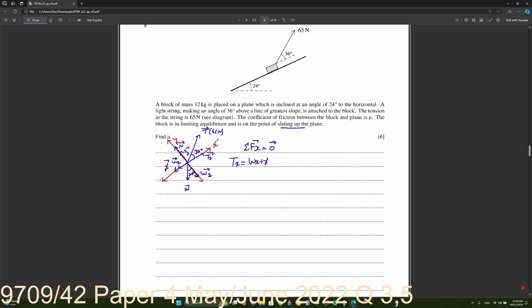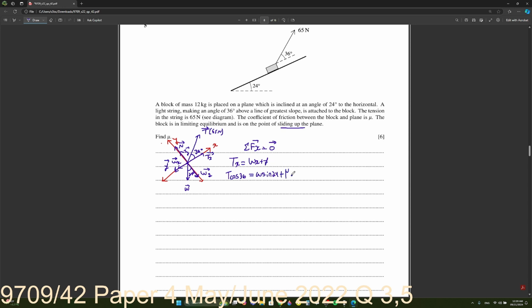Tx, what's Tx equal to? The x component. We have the angle with the horizontal, so we're going to use cosine for the x component. So it's just going to be T cosine 36 is equal to Wx. Wx, since the angle is with the vertical, I'm going to use sine. So W sine 24 plus F. What is F?